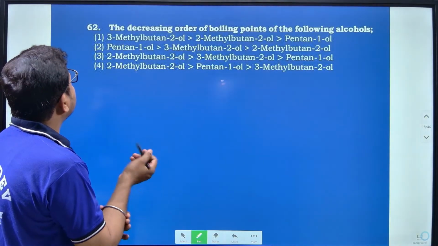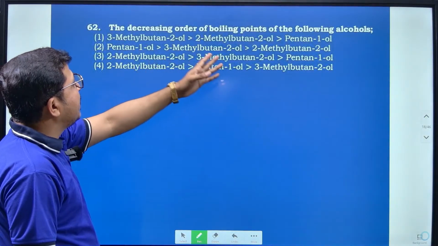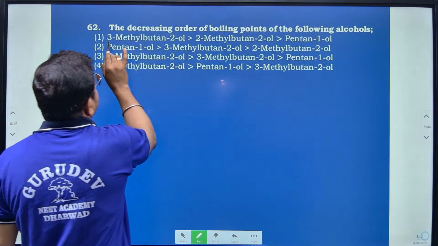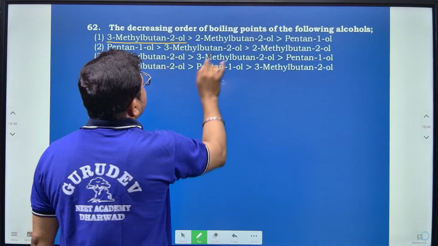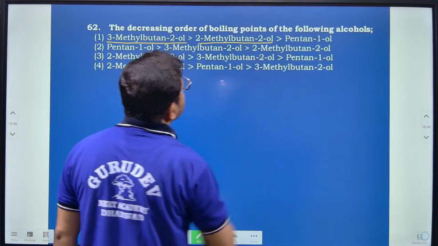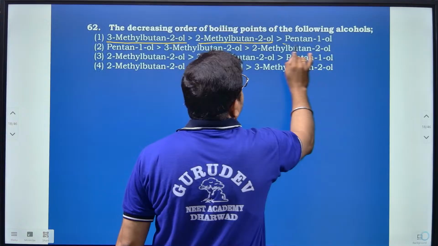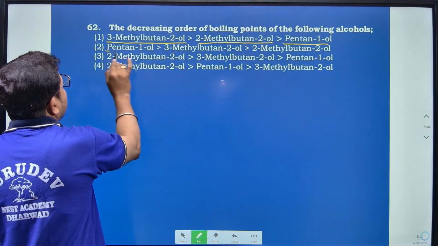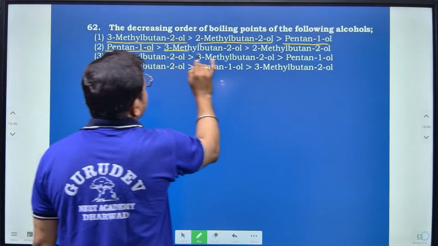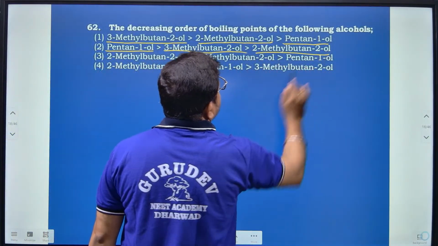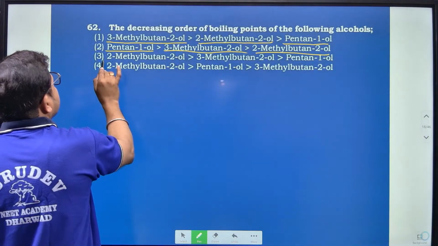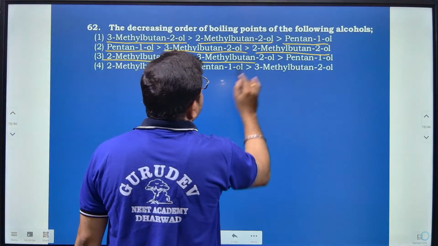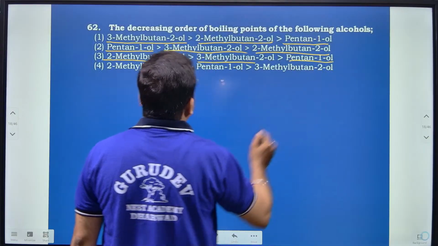Again, they have given the decreasing order of boiling point of the following compounds. Here, in option number 1, they have given 3-methyl-butane-2-ol, 2-methyl-butane-2-ol, next pentane-2-ol. In option number 2, pentane-1-ol, 3-methyl-butane-2-ol, 2-methyl-butane-2-ol. Next, 2-methyl-butane-2-ol, 3-methyl-butane-2-ol and pentane-1-ol.